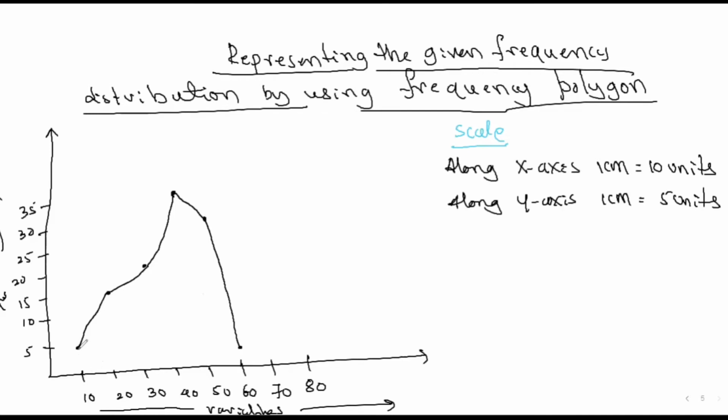The previous point is 0. I mean, we need to extend here to the previous point and this end to the next point, like this, right? So these are our points. We extend by straight lines, right? So this is nothing but the frequency polygon for discrete frequencies.